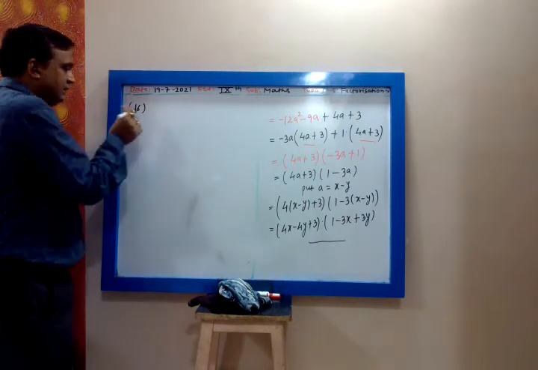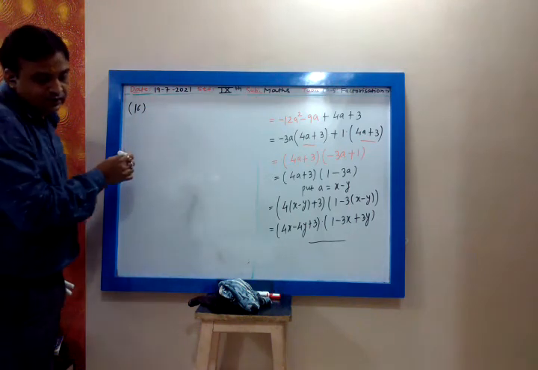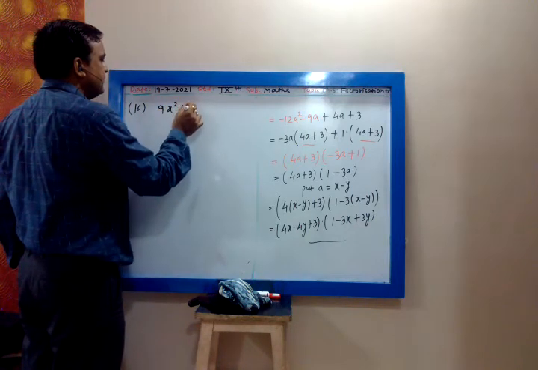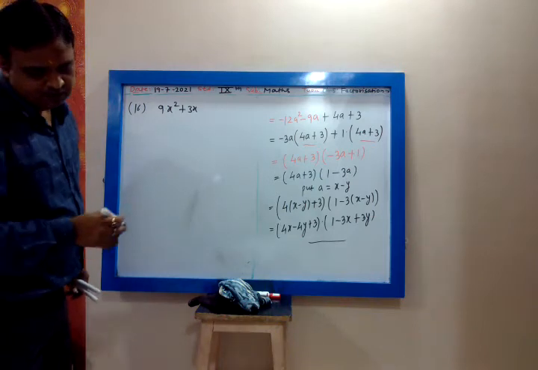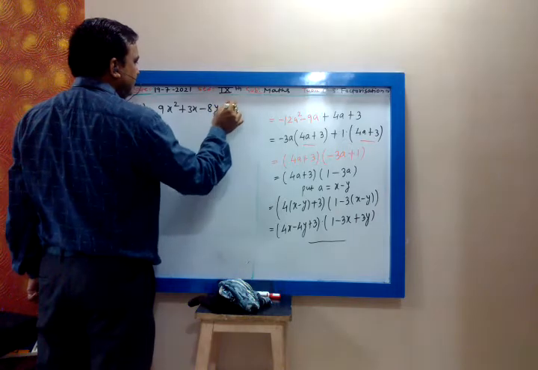Question 16. 9x square plus 3x minus 8y minus 64y square.